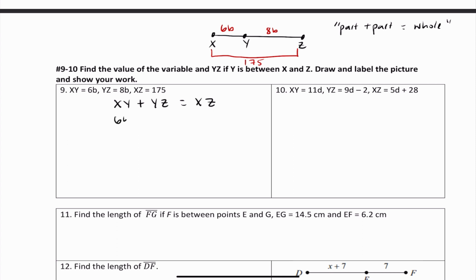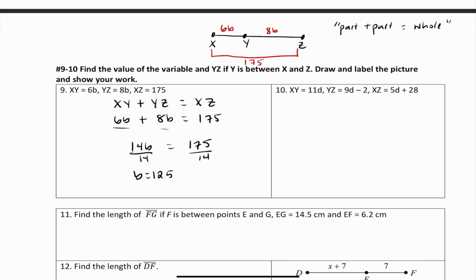So xy is 6b, yz is 8b, and then xz is that whole thing, 175. So then let's go ahead and perform algebra. 6b plus 8b, that's going to be 14b. Set that equal to 175. Drop this 175 down. If I divide both sides by 14, I am going to get a decimal. So that's going to be b equals 12.5.